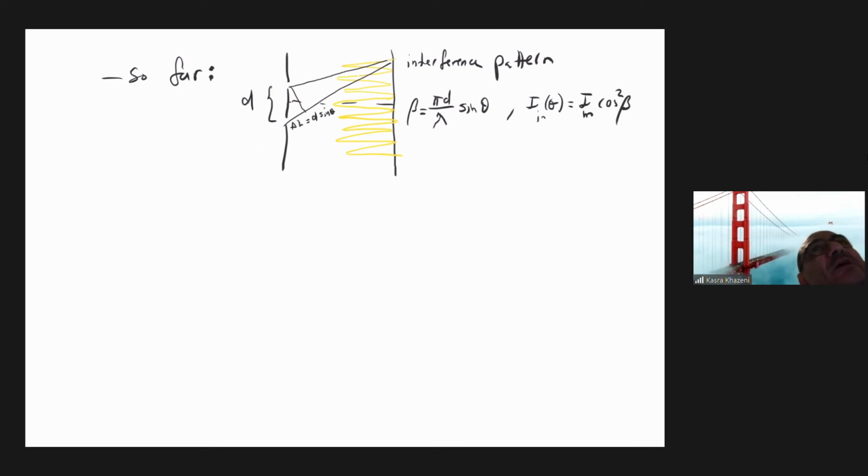If it was half of it, you would get destructive, you would get maximum minima. And we calculated all that stuff. This was like last week or maybe a few days ago. And so we already calculated that, and we got an interference pattern. Then we also learned, so this was interference pattern.